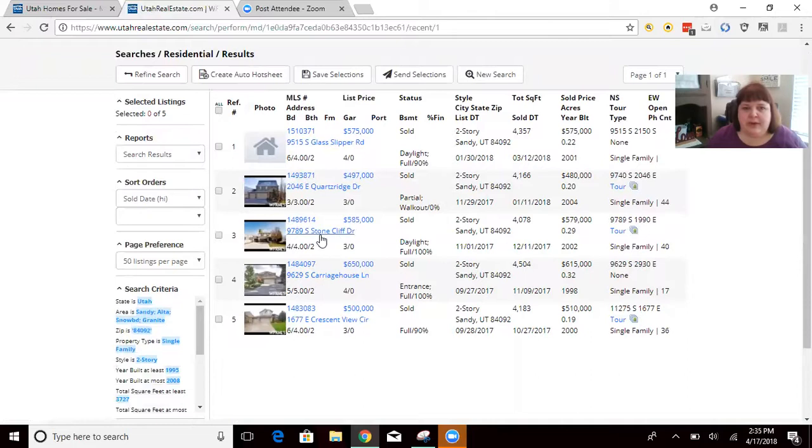That happens to bring up 2 that are on the higher end, this Stone Cliff and this Carriage House, which are going to help if you understand how to figure out an average. You're going to realize if you have a higher number than you had before, the average number is going to increase. So I am just going to select all of these. I know that they're nearby.